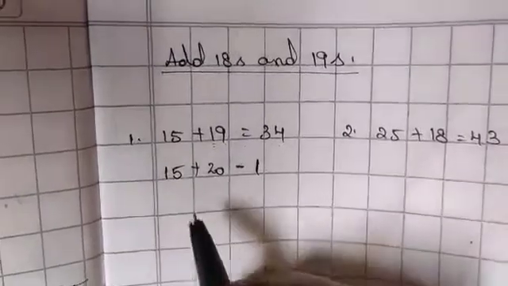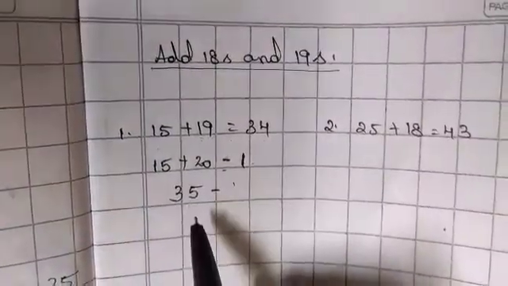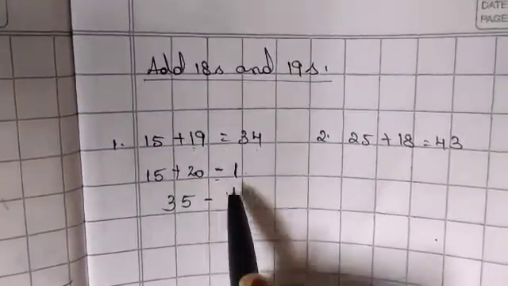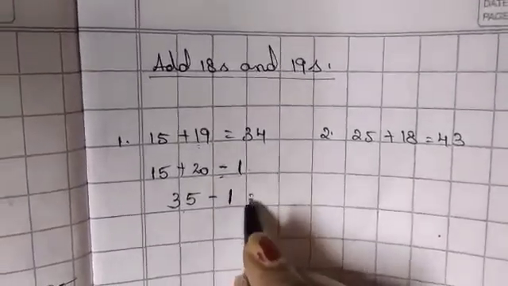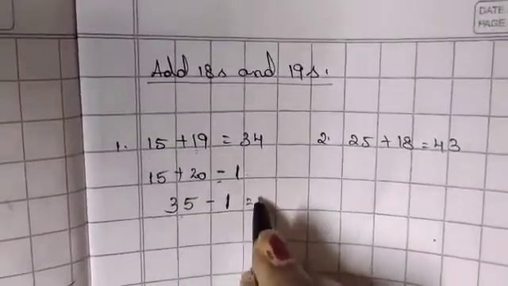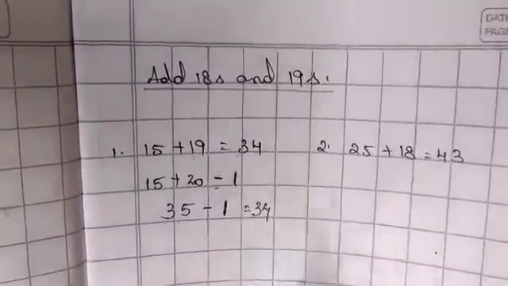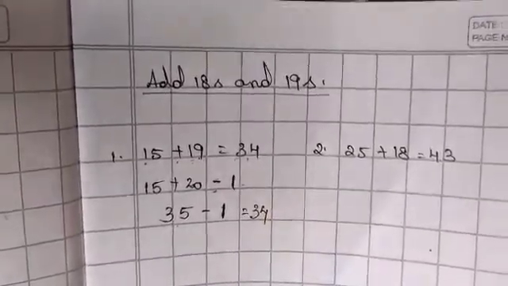Okay? So here 15 plus 20 will be 35 and minus 1. 35 minus 1 will be 34. Got the answer 34, children? 15 plus 19 will be 34.